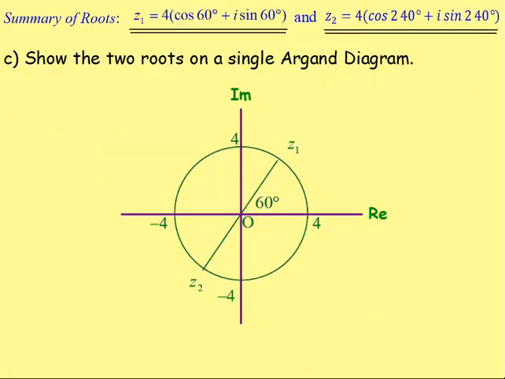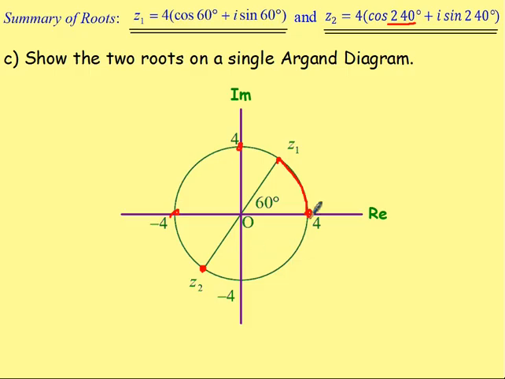Showing them on the Argand diagram, because you've got the 4 in front, that is the modulus. So from the origin, you will be going out a distance of 4. What you'll find is when you go around that 60 degrees, really you're going around the circumference of the circle. With a 240, again, you're going around 60, 90, 180, 240 degrees.